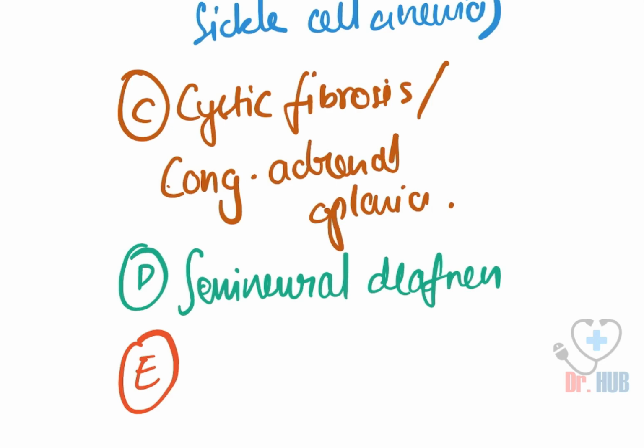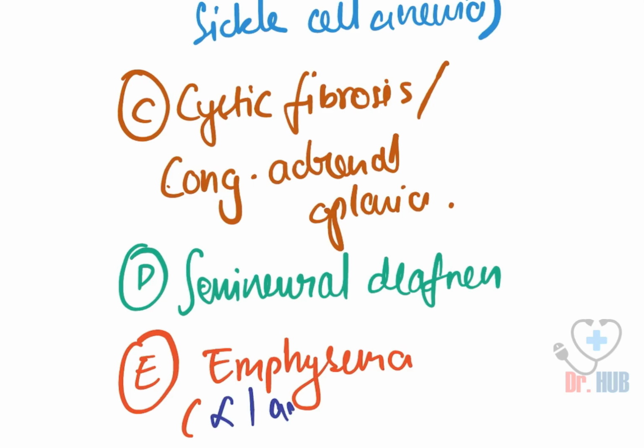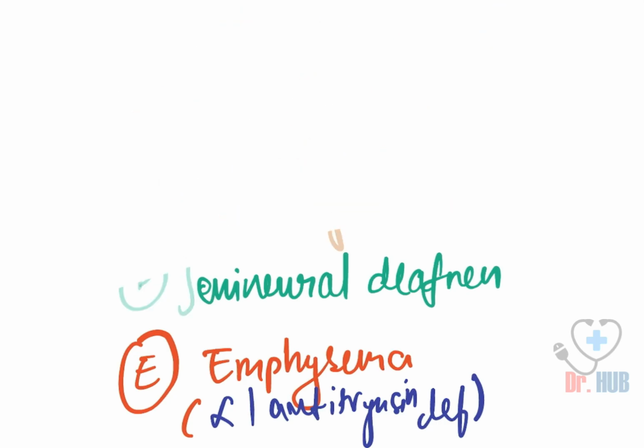And after sensorineural deafness, we look at letter E. So E stands for emphysema, and it is nothing but the alpha 1 antitrypsin deficiency. So after E comes F. In case of F, the letter F stands for Friedreich ataxia.